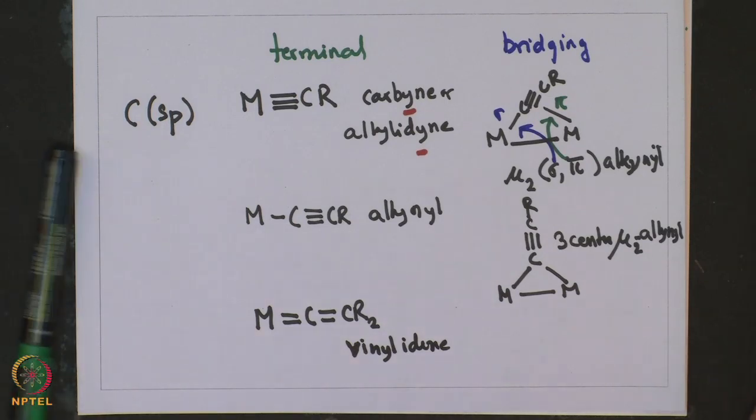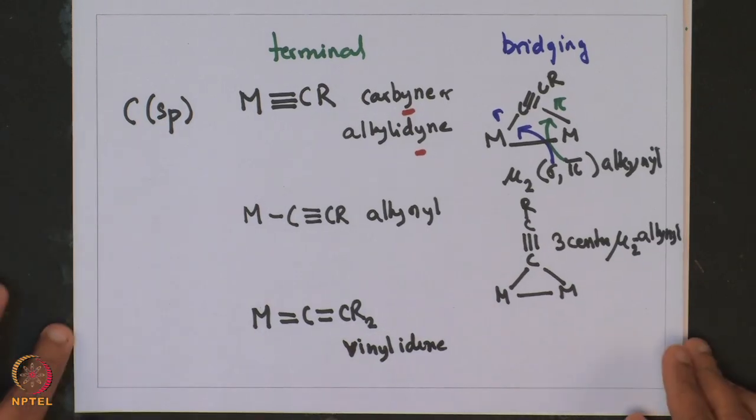So, to summarize today's lecture, we have seen the various binding modes of carbon sigma donor ligands, and we saw that a rich diversity of binding can be observed depending on the hybridization at the carbon, that can range from sp3 to sp2 to sp, and most of these bindings can be classified into two types, terminal and bridging.